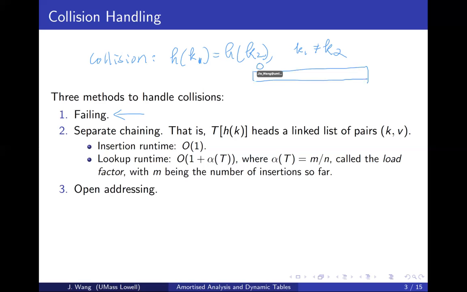You have indices 0 to n minus 1. Let's say this particular one is h of k1. Then we're not going to directly place k1, v1 into this array. Instead, we maintain a linked list. So we put k1, v1, and then k2, v2.